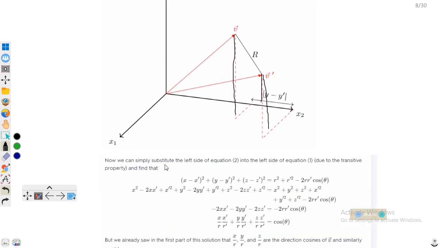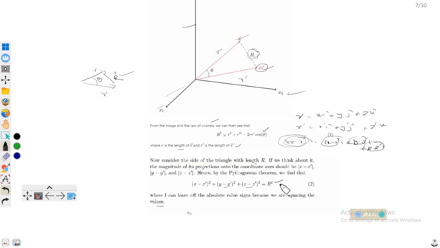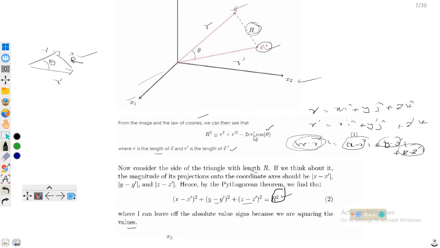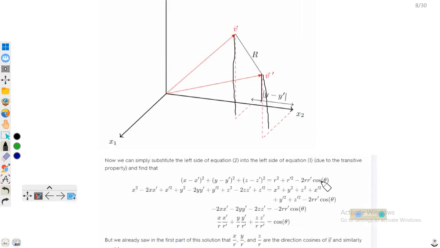Now we can simply substitute the left side of equation 2 into the left side of equation 1 due to the transitive property. We know that x minus x prime squared plus y minus y prime squared plus z minus z prime squared is equal to R square, which is r square plus r prime square minus 2 r r prime cos theta. So we substitute this value of R square.